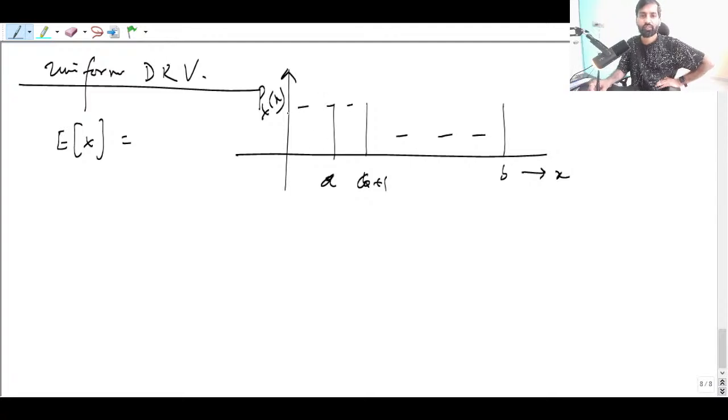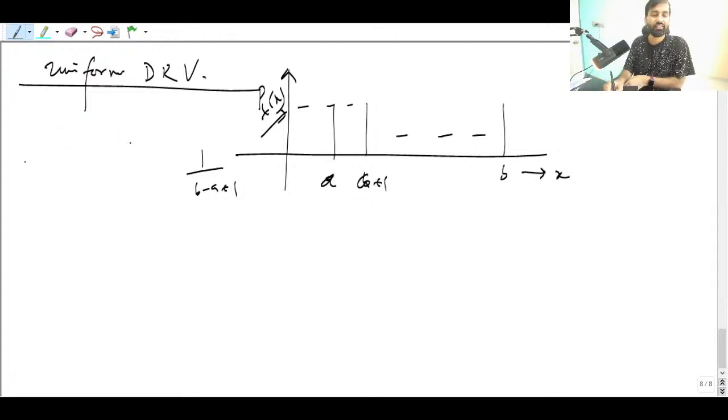So you know this probability you can find out, that is nothing but 1 over b minus a plus 1, right? So now what is the expectation here? See, expectation is same, the definition of expected value is same, that is a plus b by 2 only, right?